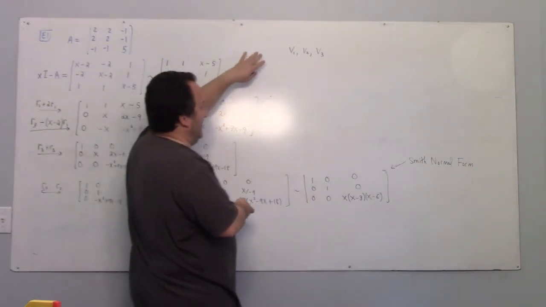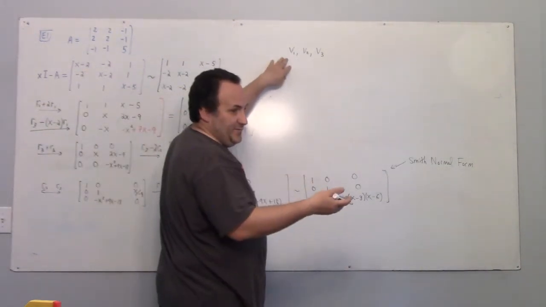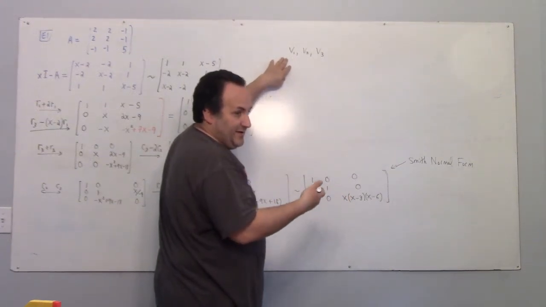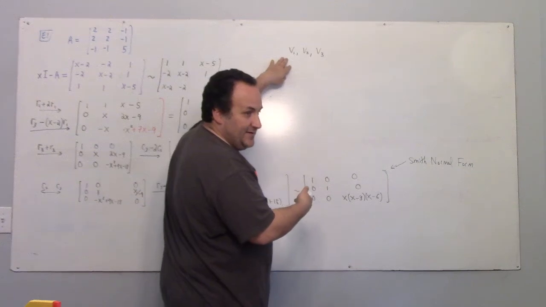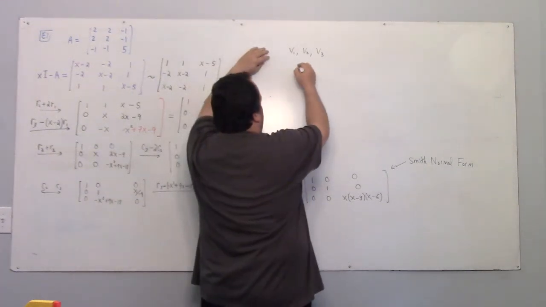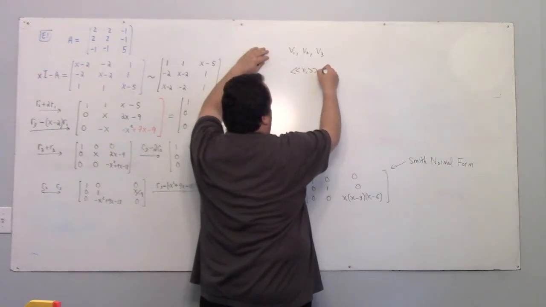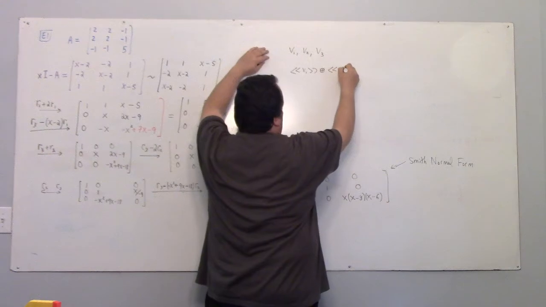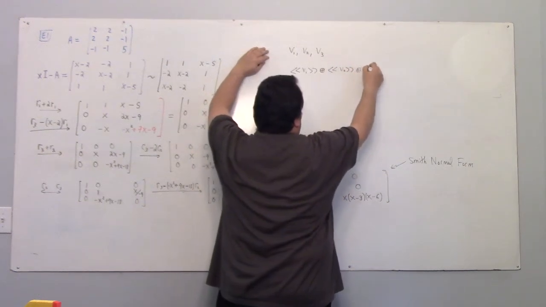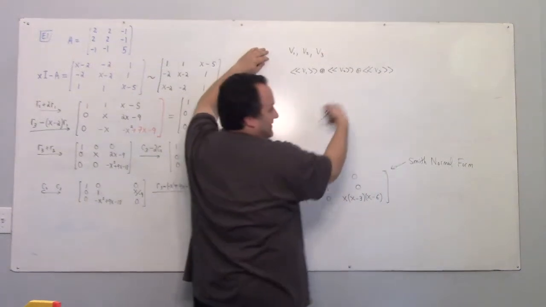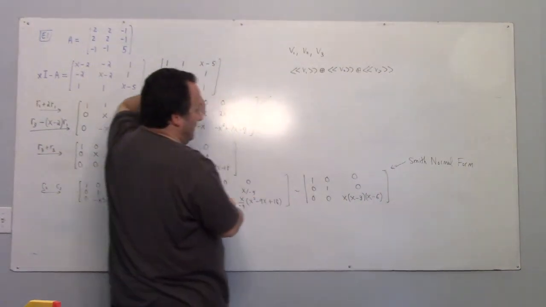And the game that's played here is building the vector space as a direct sum of things, like that, where by this I mean the T-cyclic subspace generated by that.